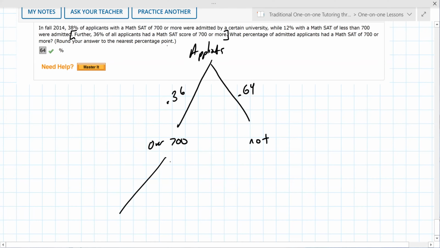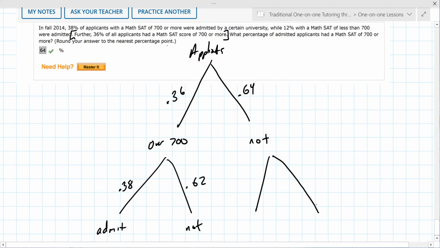Gotcha. Now look at those that were over 700. 38% of applicants with an SAT score of 700 or more were admitted. So this is the admit and this is the not admit. So this is 0.38 and then you just do 1 minus that, 0.62.